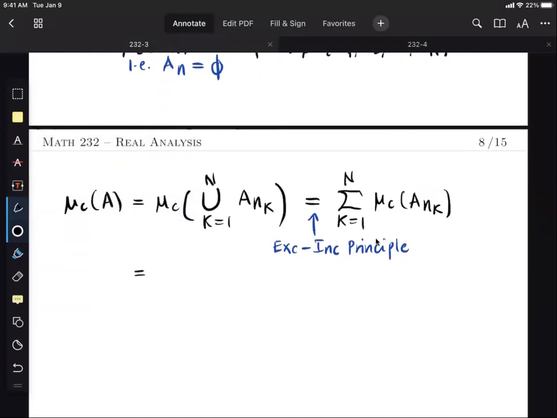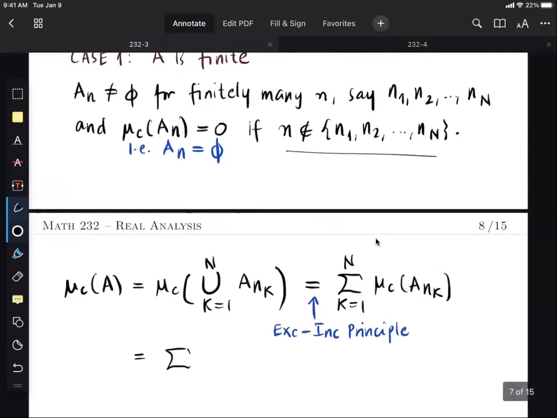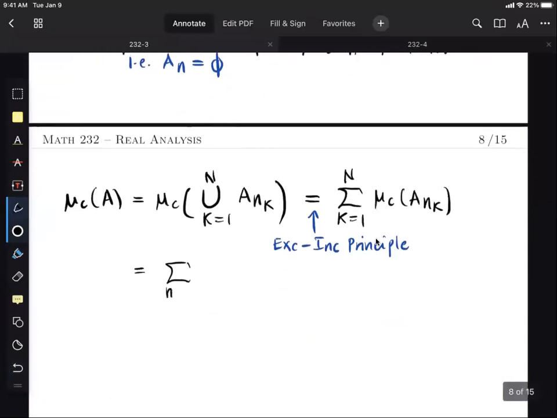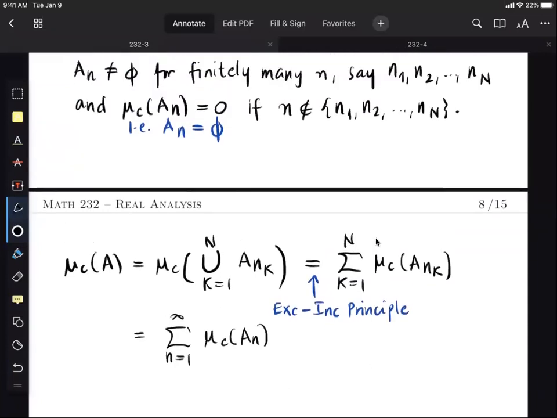Hence, I can add infinitely many zeros here. In other words, those indices that are not in this finite collection, to obtain our desired equality.